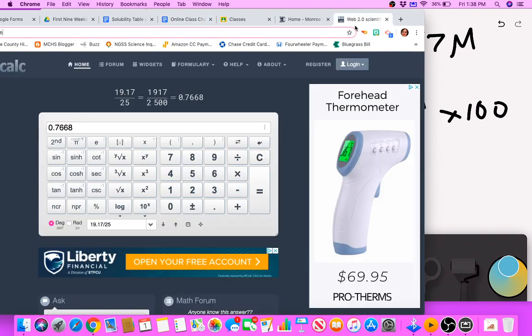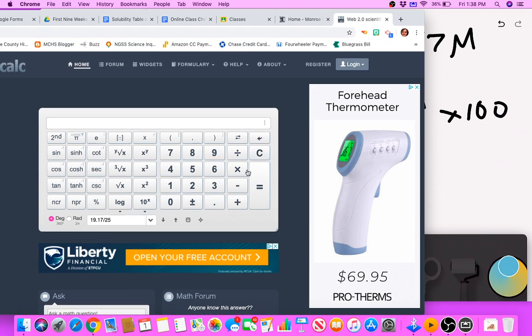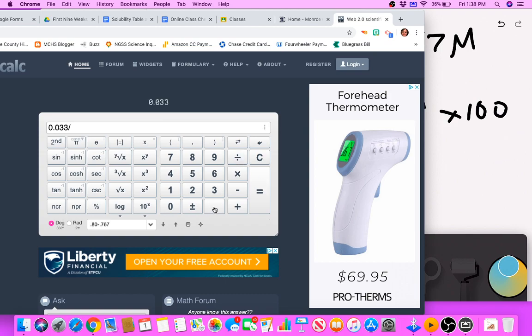So we're going to do 0.80 minus, now wait a minute, let me clear again. 0.80 minus 0.767 equals, and then we're going to divide that by 0.80. And we're going to get this.